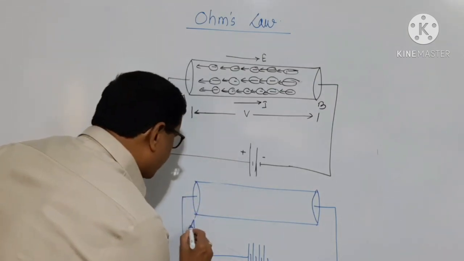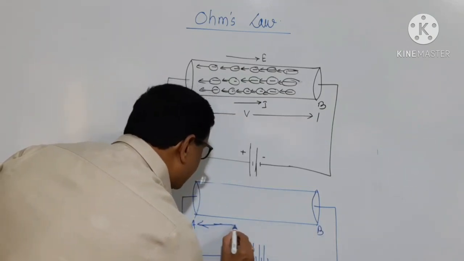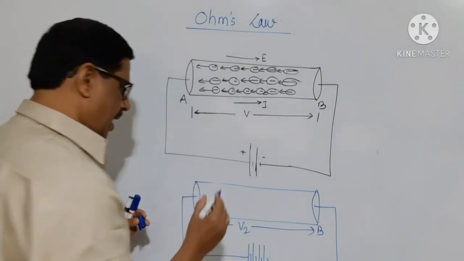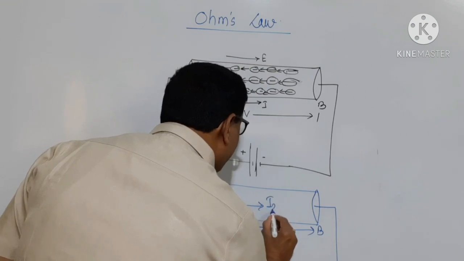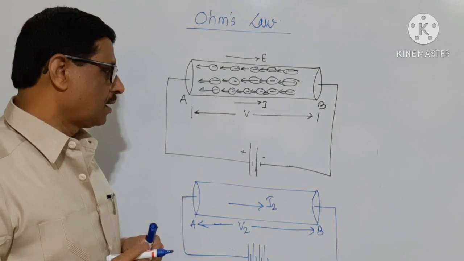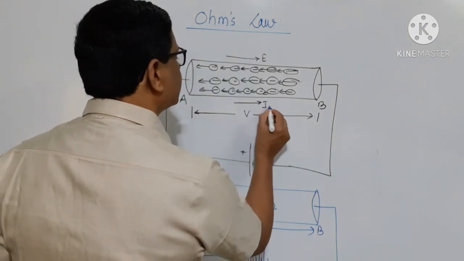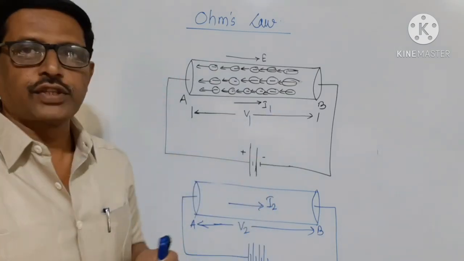Then the potential difference across the ends of the conductor will be V2, and the current that flows through the conductor is I2. Here, for the sake of convenience, in the first case we will consider V1 as the potential difference and I1 as the current flowing through the conductor.